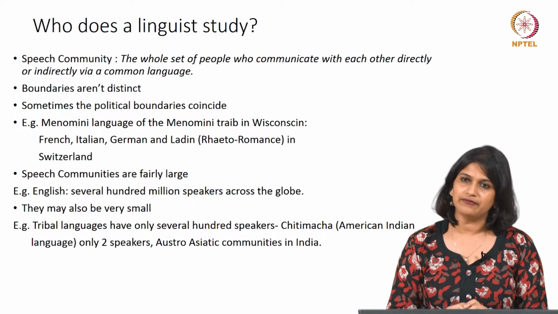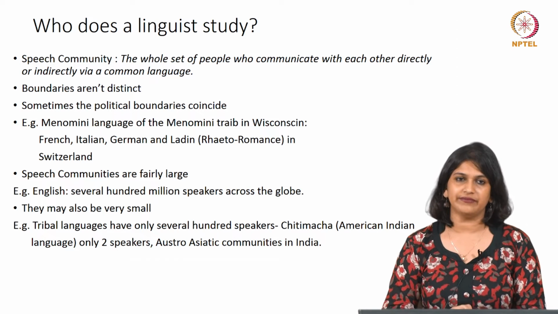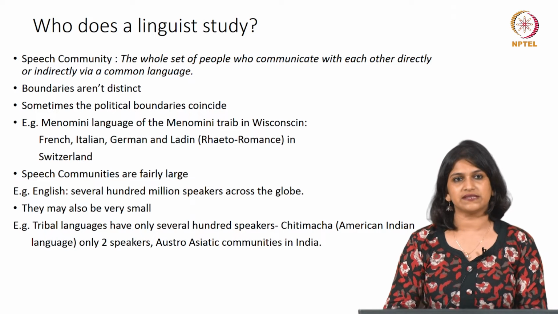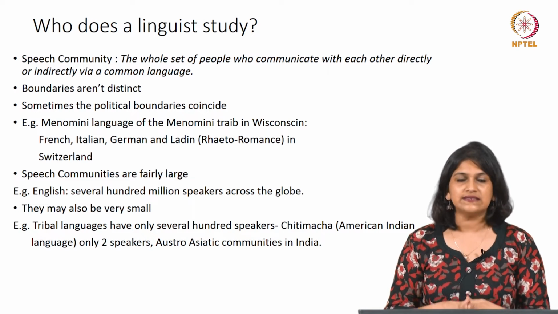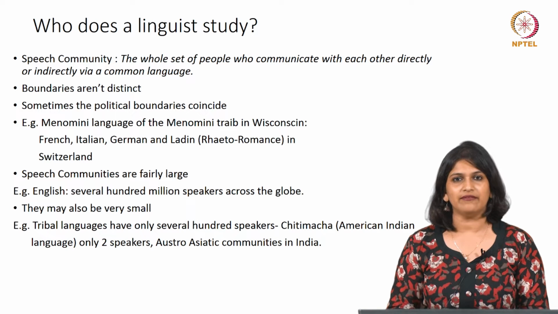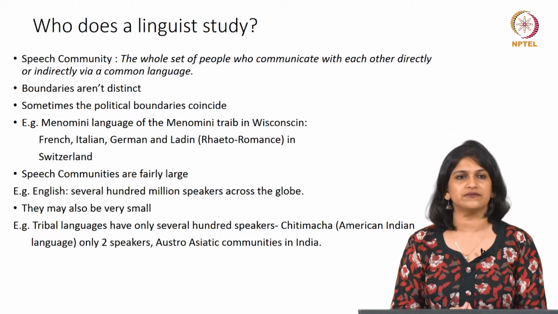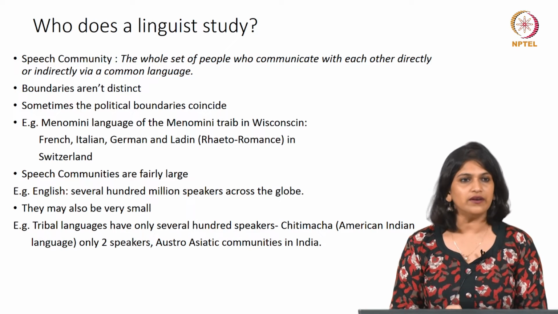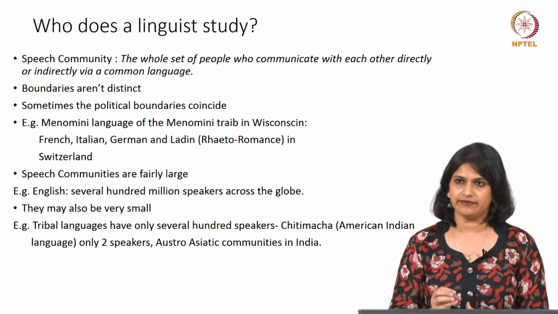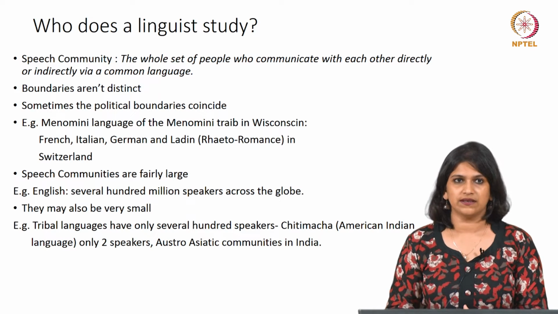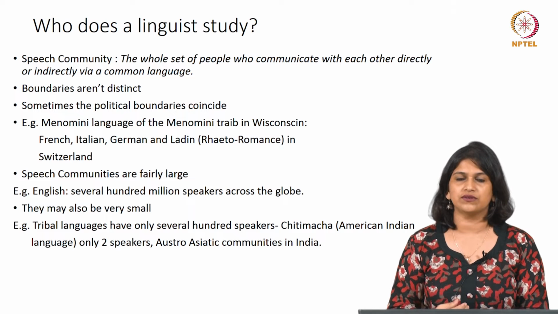Then we also have very small speech communities. If I give you an example from an Indian perspective, from India as a linguistic area, we have tribal languages, or indigenous languages, which have very few speakers. A lot of languages spoken in Indian hills have tiny speech communities. Sometimes the number gets reduced to 1,000.